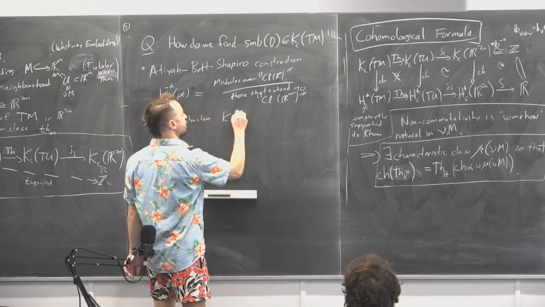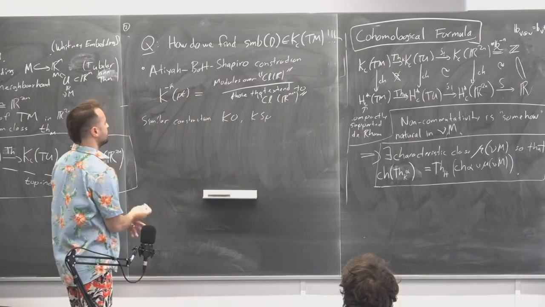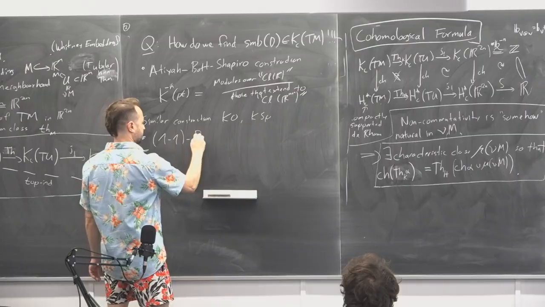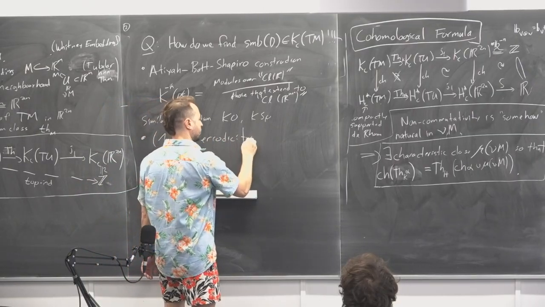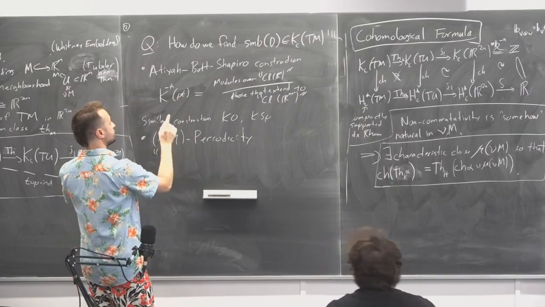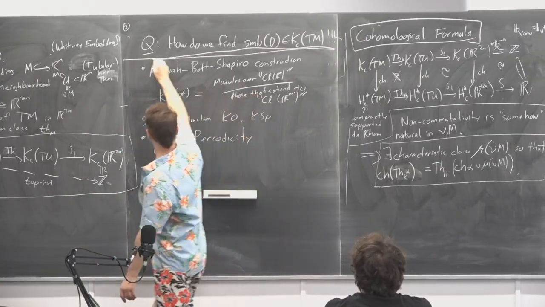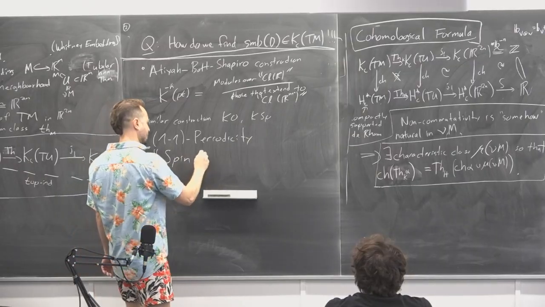So there's KO, KSp. And the fundamental thing that makes it work is called Morita periodicity. That's something you can look up. I forget precisely what the statement is, but you should either find it in Atiyah-Bott-Shapiro's original paper, or in the first chapter of Spin Geometry by Lawson and Michelsohn.